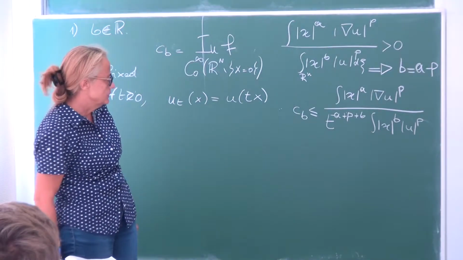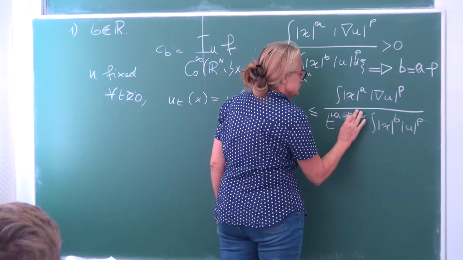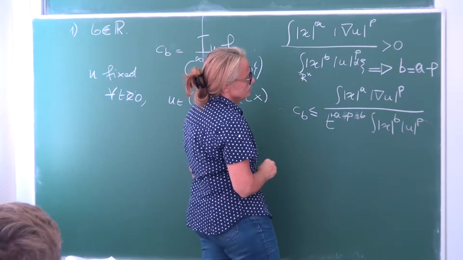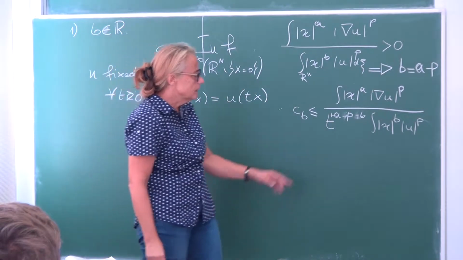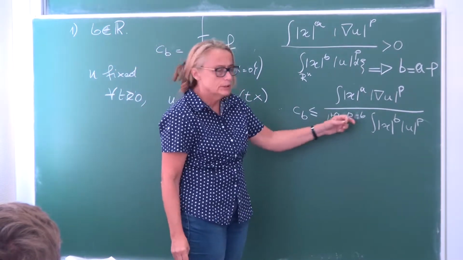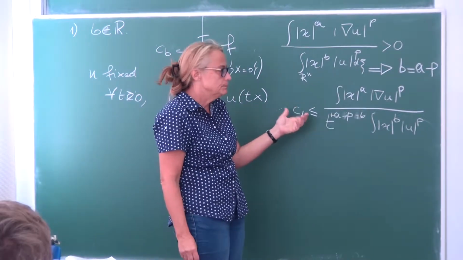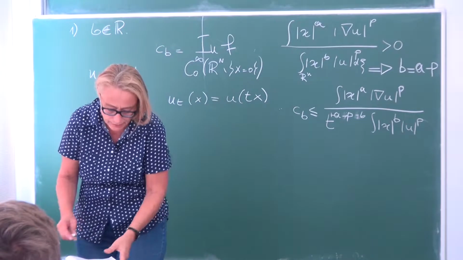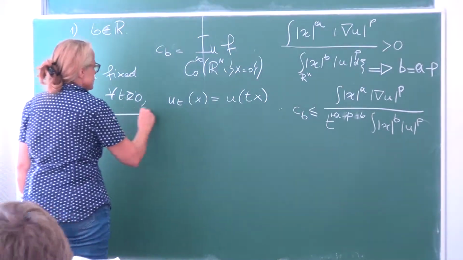So b has to be a minus p, otherwise you can let t go to infinity and prove that C_b is 0. So this is a simple but important thing.